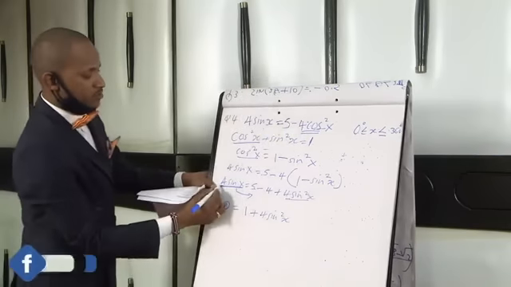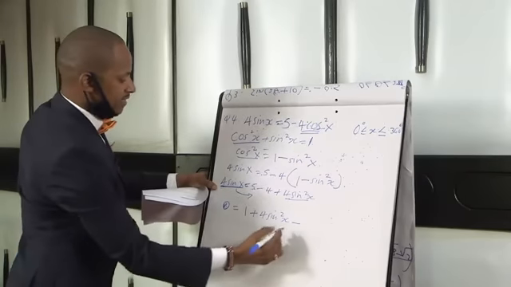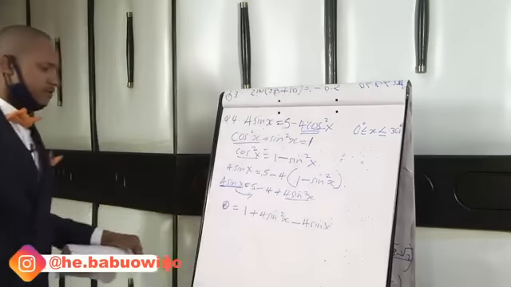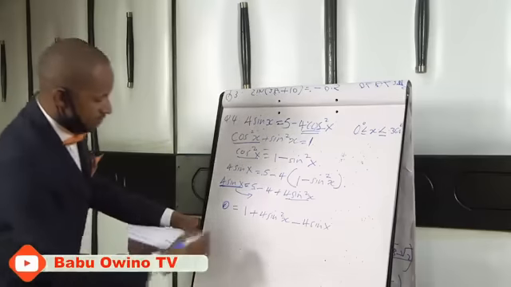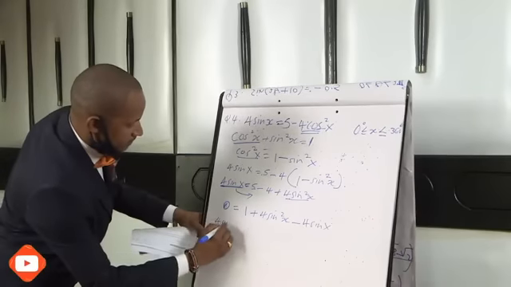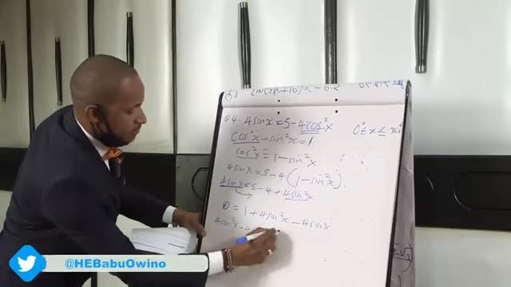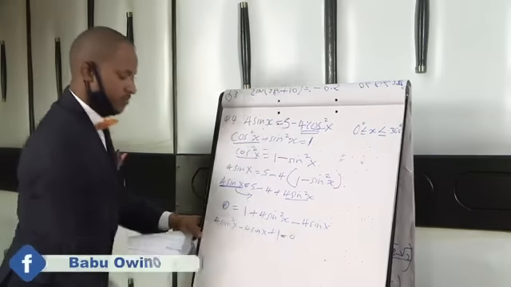Then remember we've brought this on the other side, so when it crosses the equal sign, it becomes a negative 4 sine x. So when we rearrange this mathematically, just to make it look neat, you say 4 sine squared x minus 4 sine x plus 1 equals 0.